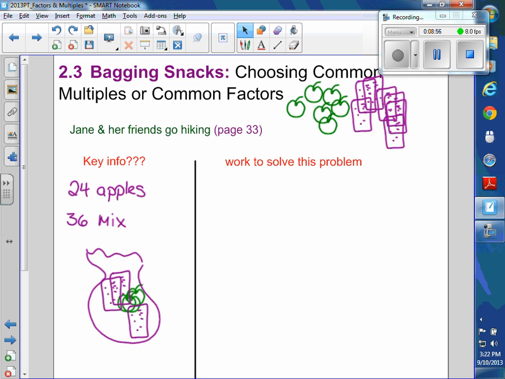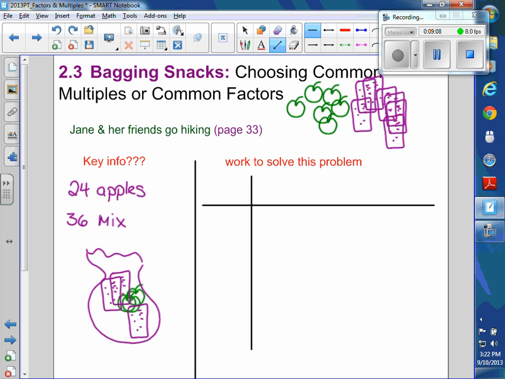So, yeah, we are going to answer it. I want to just put it into a chart. We're not going to probably answer all the parts of this today, but enough to get an idea of what's going on in the problem. So, we have the bags, or the packs, I think is what it says in the reading.